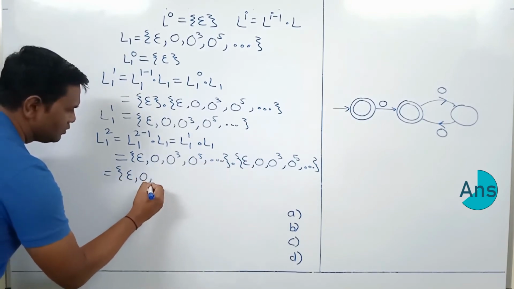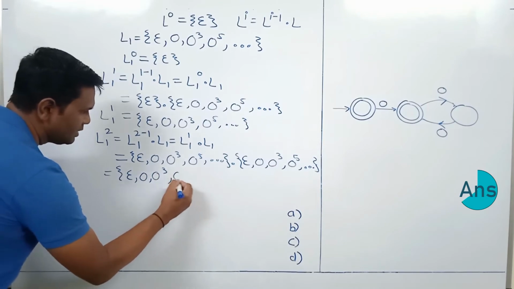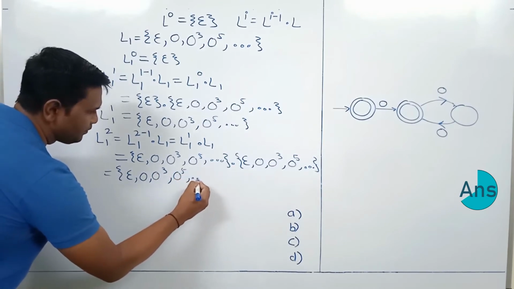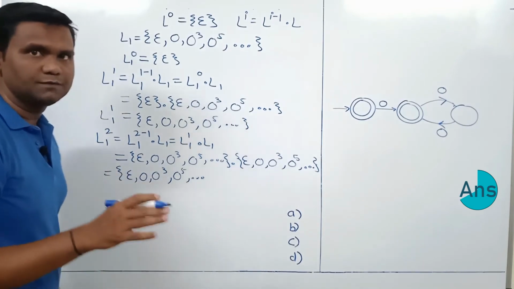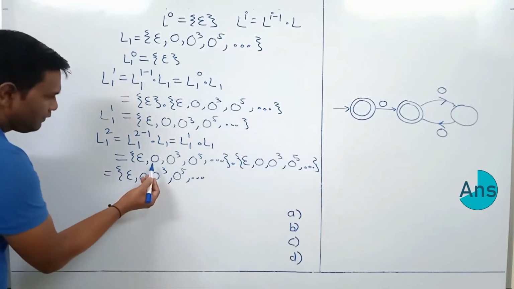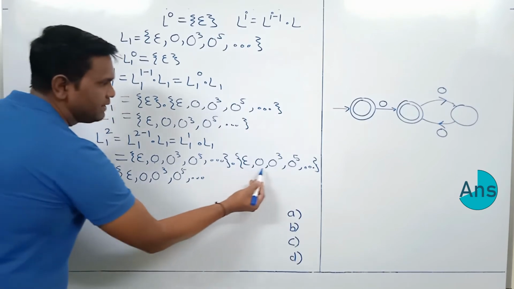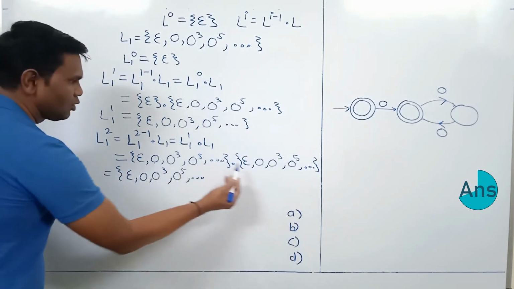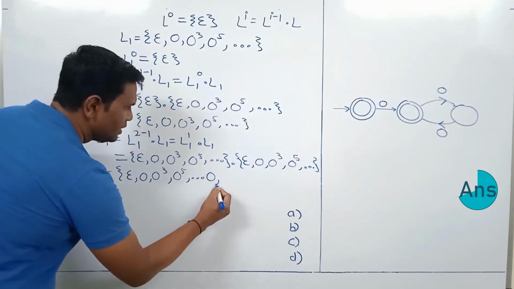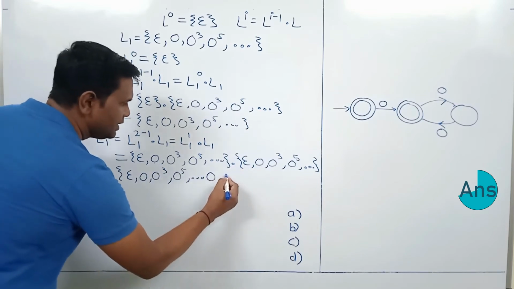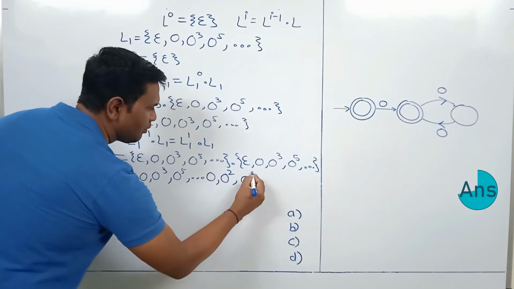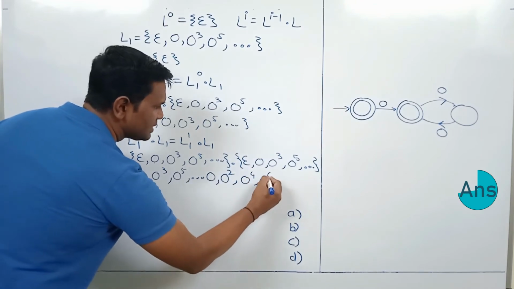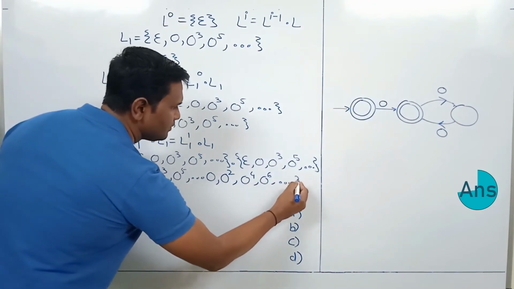So we get epsilon, 0, 0 power 3, 0 power 5. After 0 power 5 there will be odd powers of 0. Now we will take 0 and concatenate with the language. So 0 dot epsilon is 0, 0 dot 0 is 0 power 2, 0 dot 0 power 3 is 0 power 4, then 0 power 6 and so on.